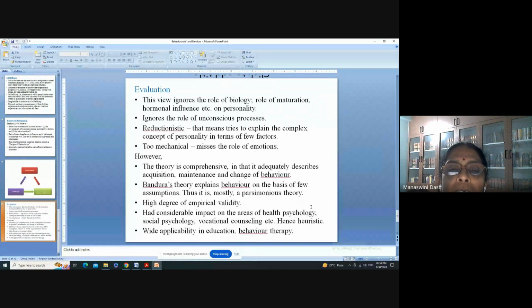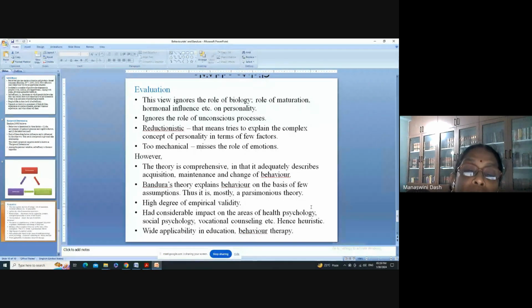It is a reductionist approach, and that means the theory tries to explain the complex concept of personality with the help of a few factors. And the theory appears too mechanical. The role of emotions is not discussed.